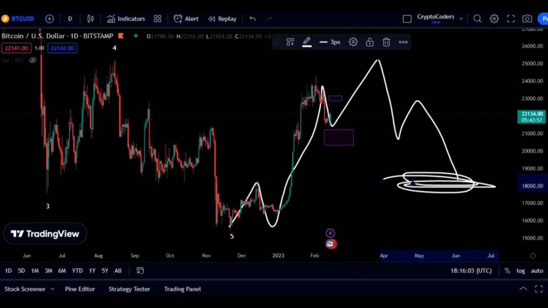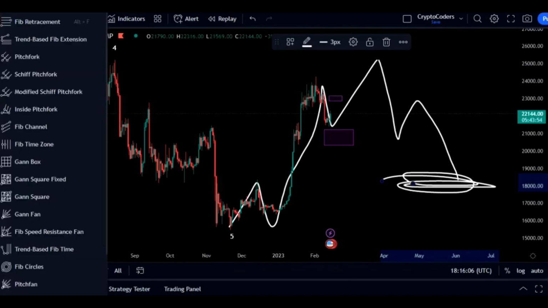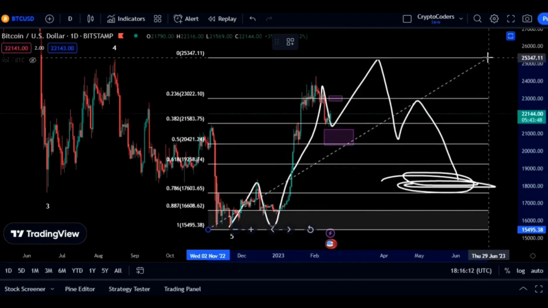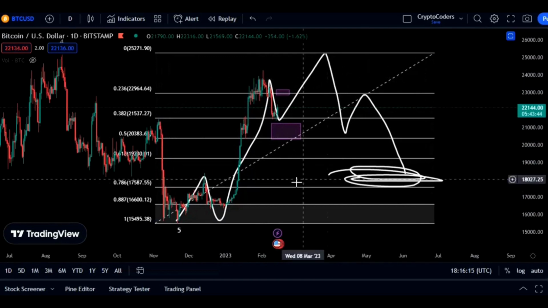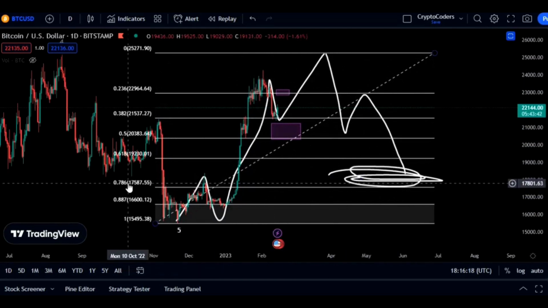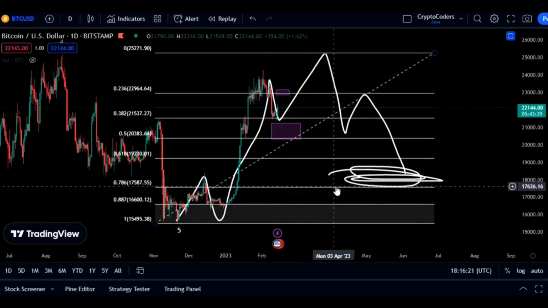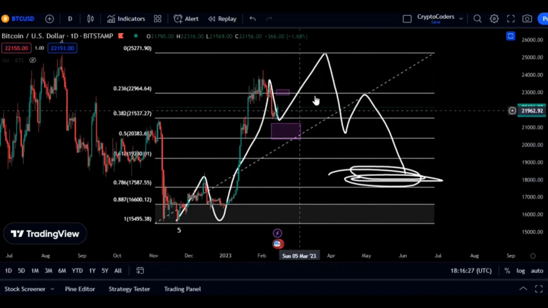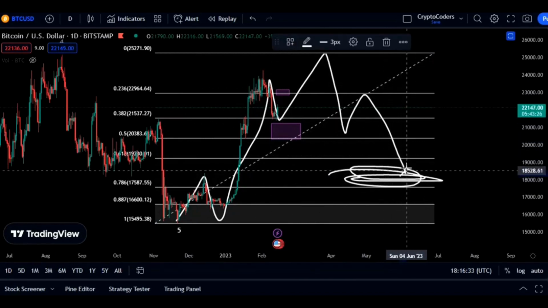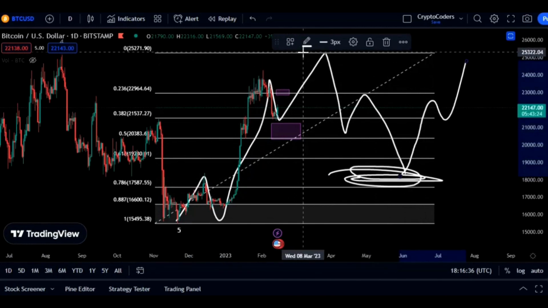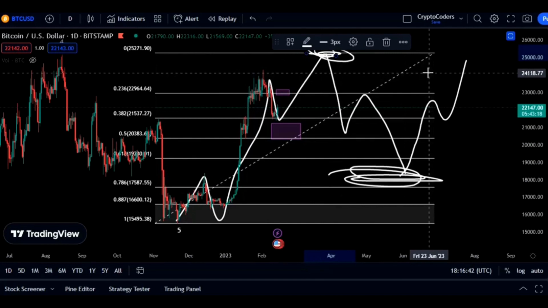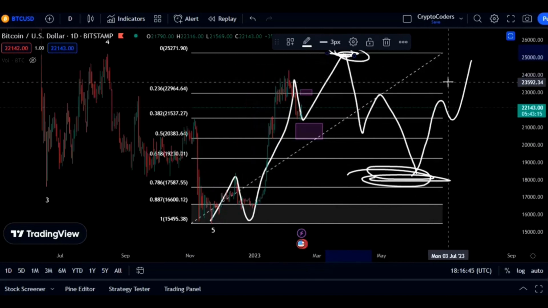And as I told you in my first video, after this whole first impulse, we should ideally hold above this 78.6% fib level, but the ideal level to hold is 61.8 for a wave 2. If we hold support here and again break this high, it would be, I guess, 70 to 80% confirmation that the bottom for Bitcoin is in.